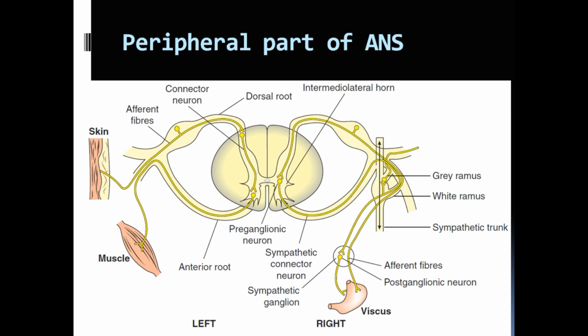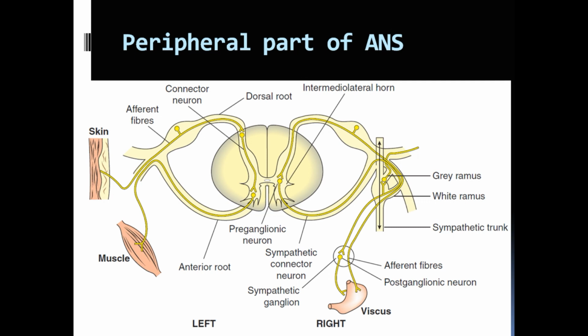The neurons in the autonomic nervous system are divided into two types, the preganglionic neurons and the postganglionic neurons. What are ganglia? Ganglia are collections of cell bodies outside the nervous system, whereas nuclei are collections of cell bodies inside the central nervous system.